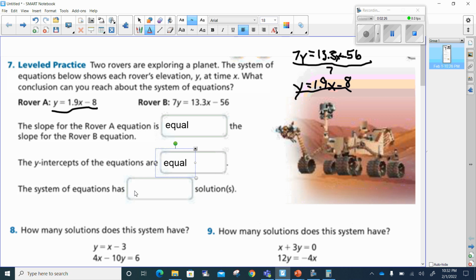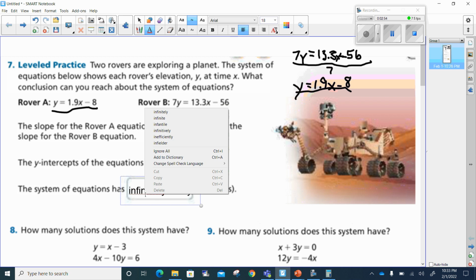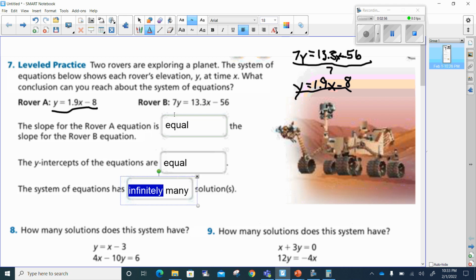And the system of equations has, well, if they're both equal, that means infinitely many solutions. Infinitely many solutions means these are the identical line. So they're going to give me the identical coordinates every time.